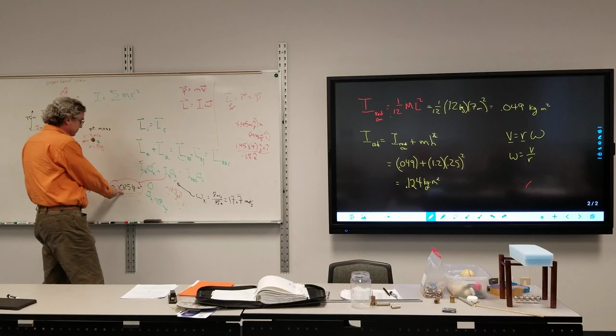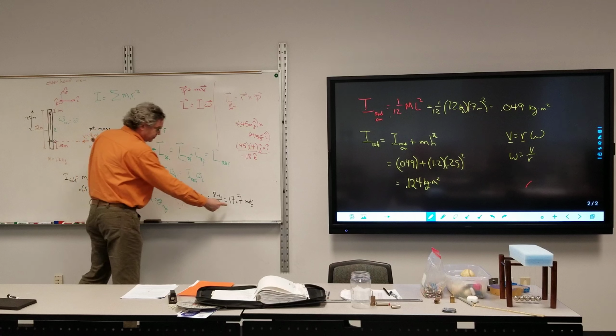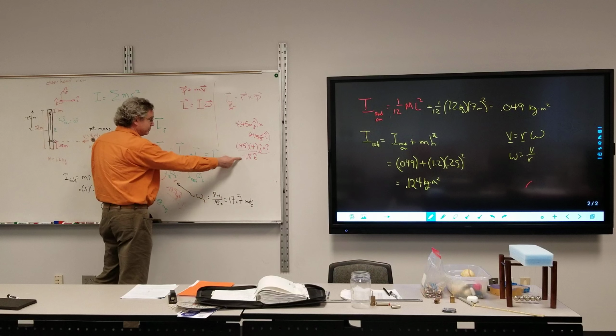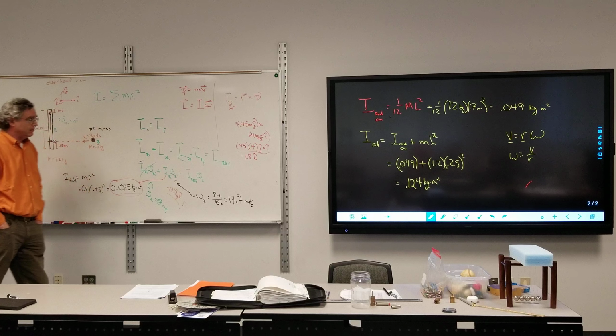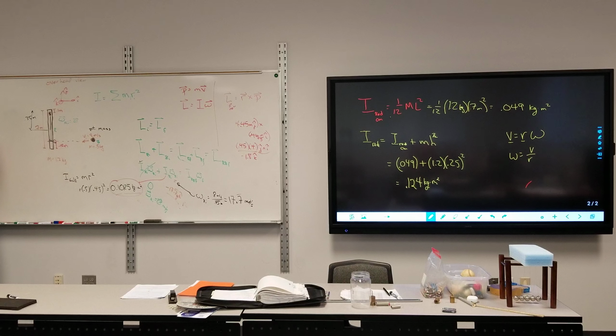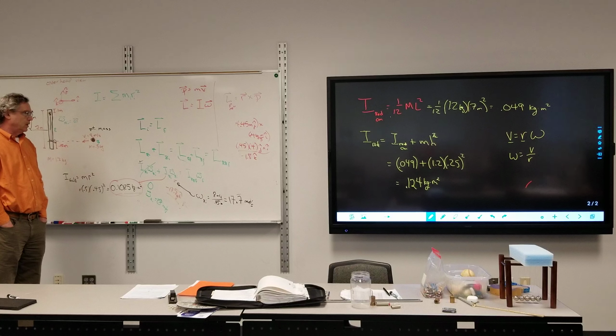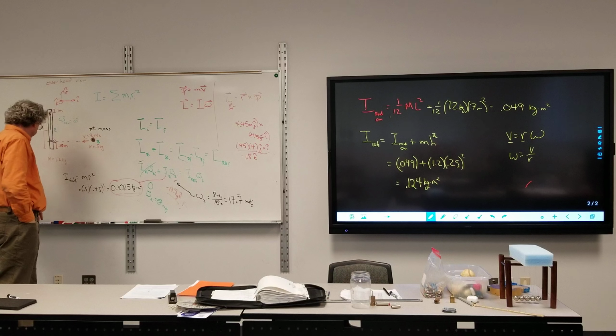So if I multiply my moment of inertia times my angular velocity, I should get 1.8 in the negative k hat direction. And it should come out pretty darn close to that.